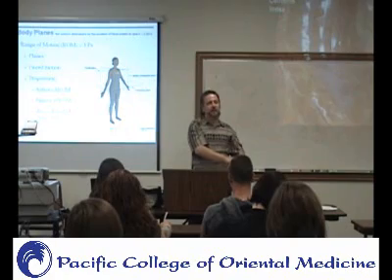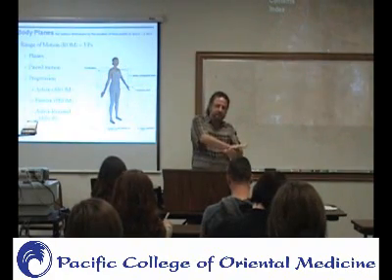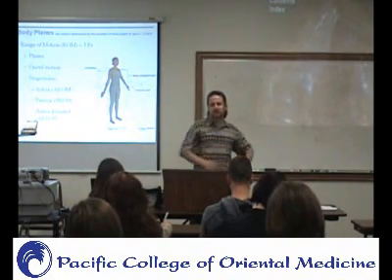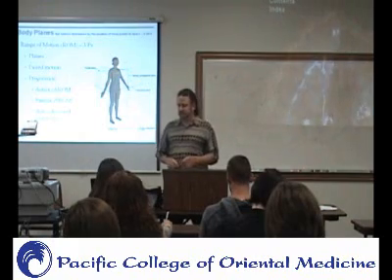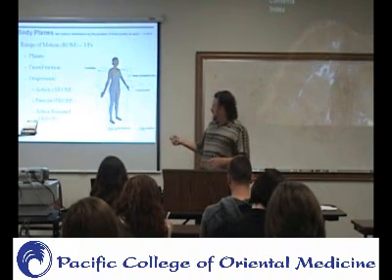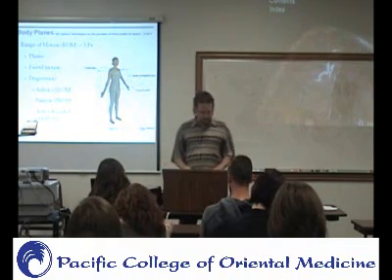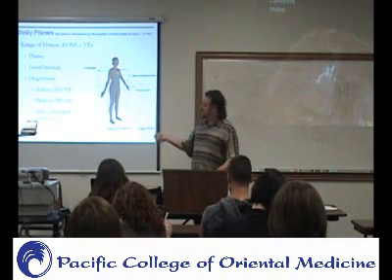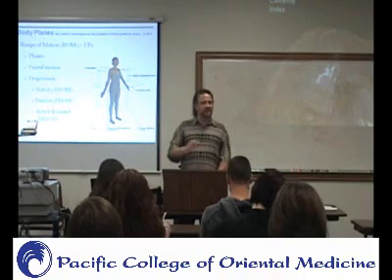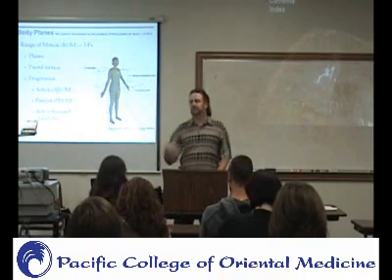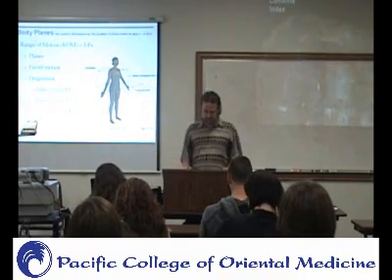Then you do active resisted where you say, I'm going to press this way, I want you to resist. So active resisted range of motion. And then these all have different abbreviations. These active, passive, you don't necessarily need to know that for this class, but you'll hear that later.